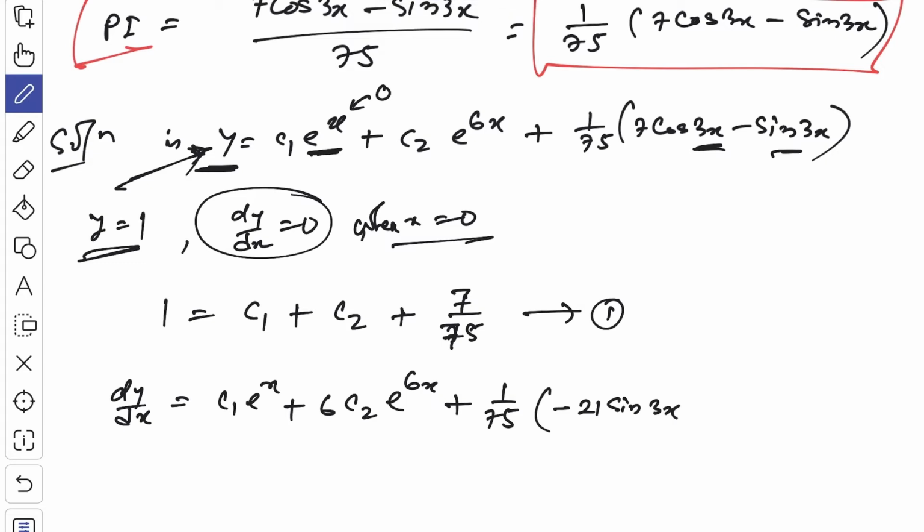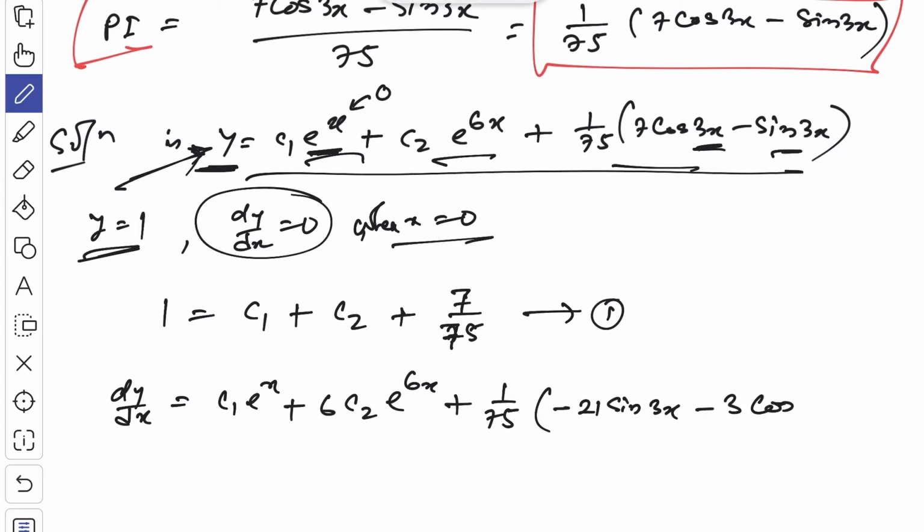That means we are differentiating this result with respect to x. Okay, every term we differentiate with respect to x. Then minus 3 cos thrice x.